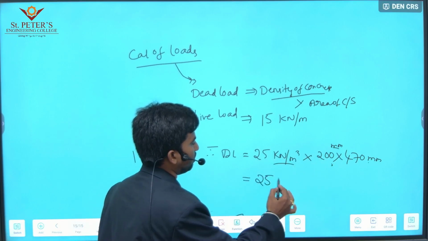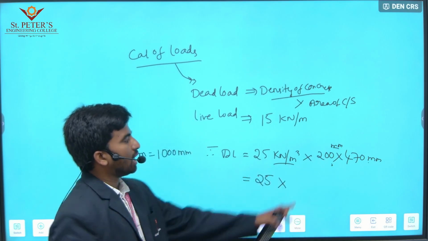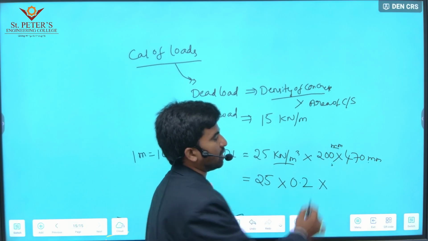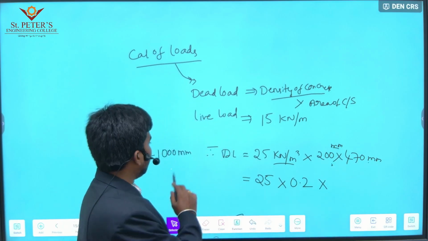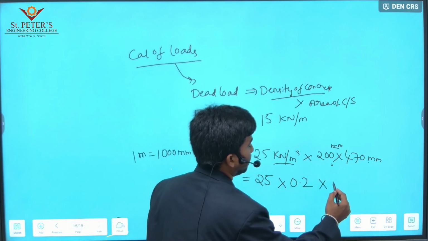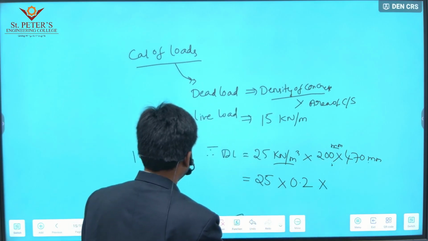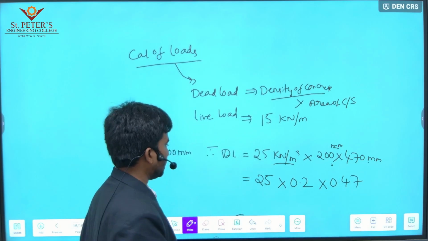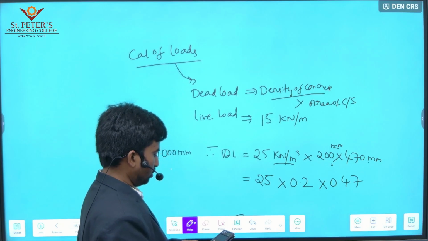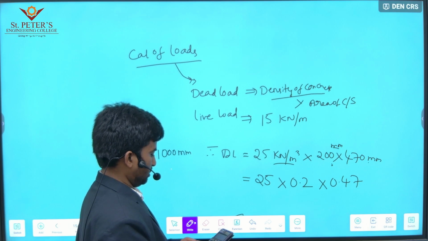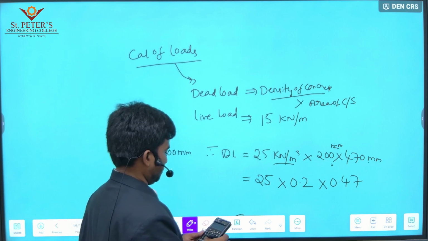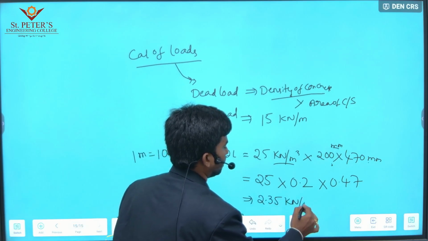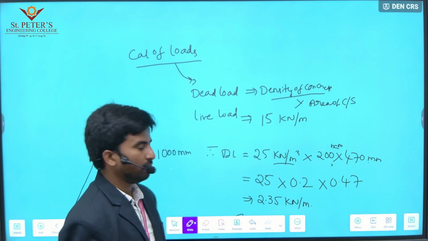So this is 25 multiplied by 200 divided by 1000, so 0.2 meter, multiplied by the depth 470 mm divided by 1000, that is 0.47. I'm using the calculator: 25 into 0.2 into 0.47. We got the value 2.35 kilonewton per meter.